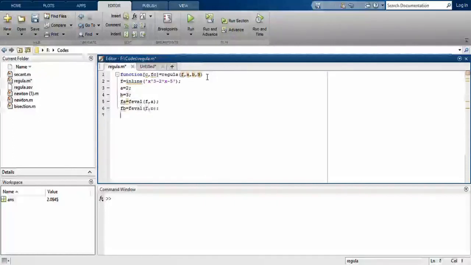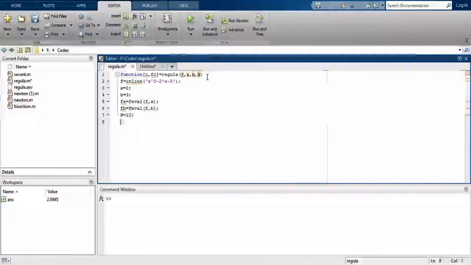Now you want to find its root. You have to check the function values, the same as in the bisection method, and the number of iterations you want to give is 10.